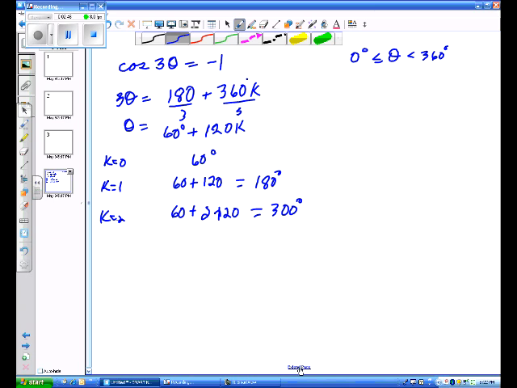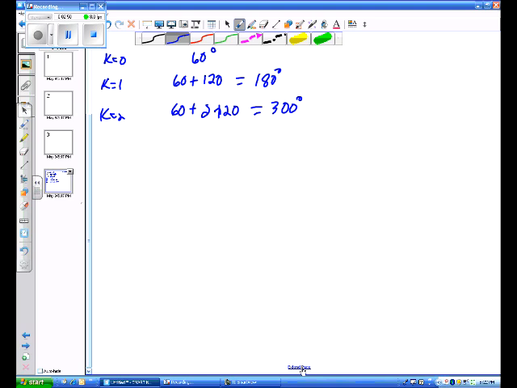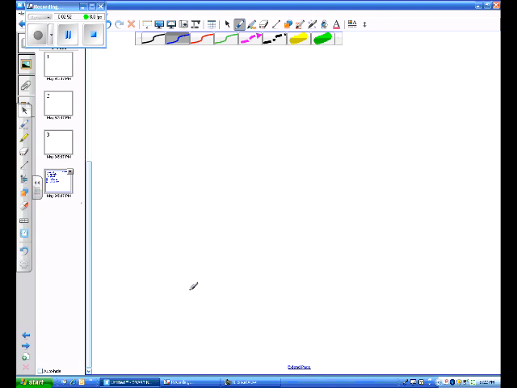So this is the technique we'll use in our multiple angles. We'll solve for the multiple angle first, then we'll solve for the angle. So if we have the sine of 2 theta equals negative square root of 3 over 2, then first of all, we'll solve for 2 theta. So 2 theta, the angle whose sine is square root of 3 over 2, is 60 degrees.